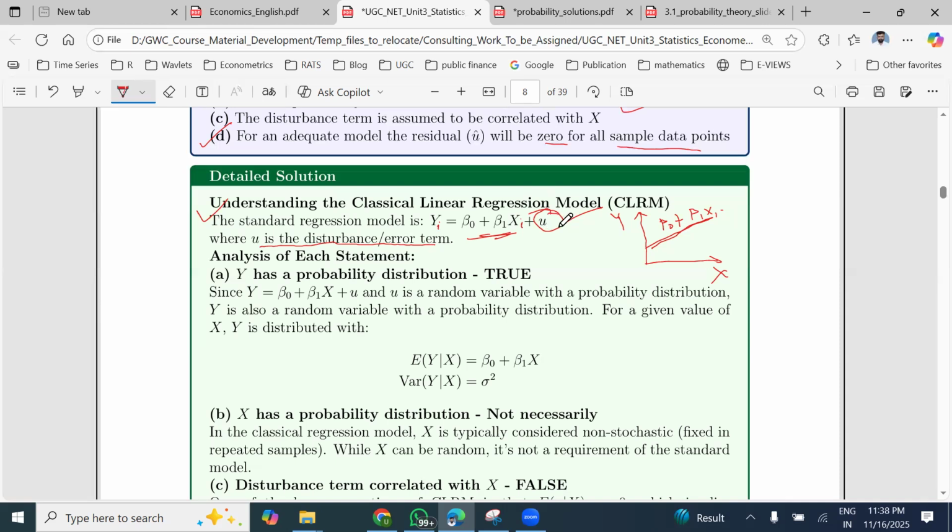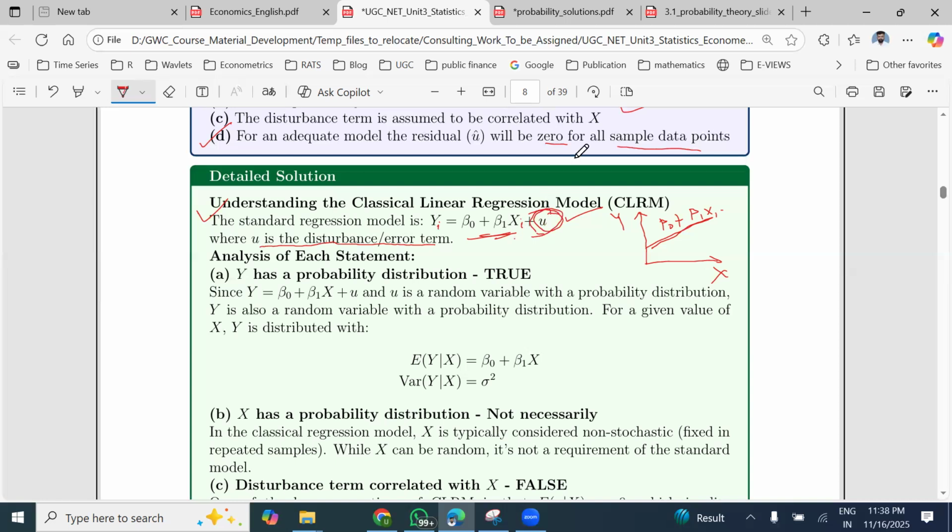No. First of all, why it is included? It represents all other variables apart from x which might also be affecting y but are not included in our regression model. Clear? Yes, sir. So the random disturbance term represents a proxy, yes.